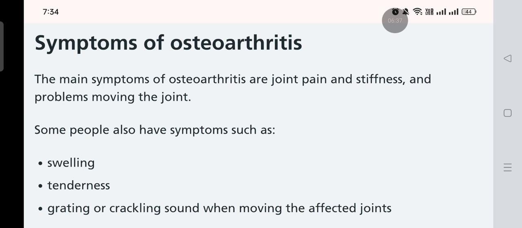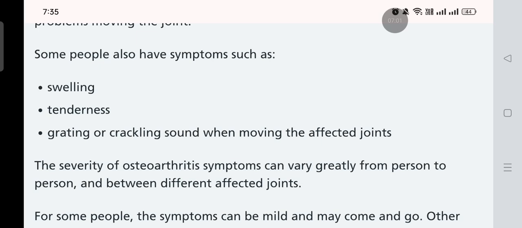The main symptoms of osteoarthritis are joint pain and stiffness, and problems moving the joint. Some people also have symptoms such as swelling, tenderness, and a grating or crackling sound when moving the affected joints.